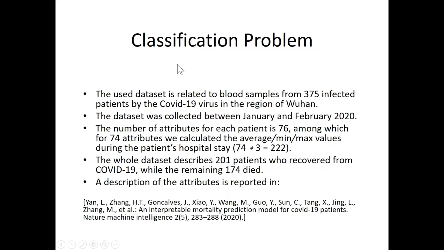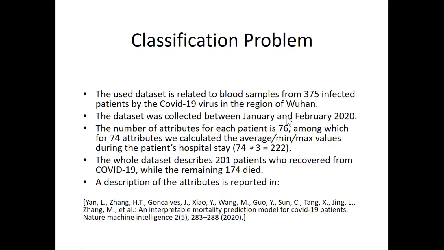Here we focused on a particular data set that was quite interesting with respect to what is going on in the world with COVID. The data set has blood samples from 375 patients infected by the COVID virus in the region of Wuhan.